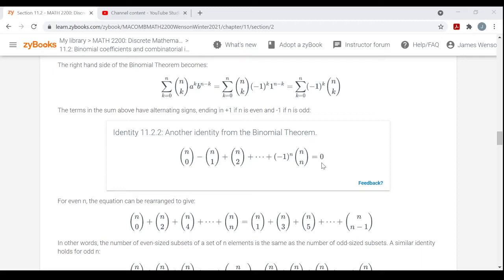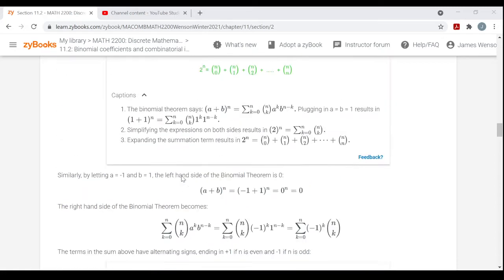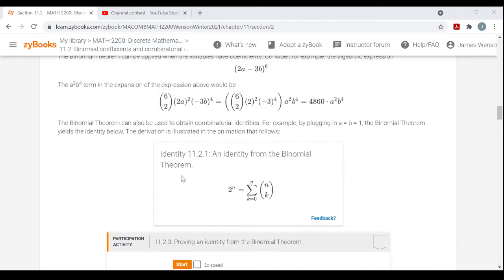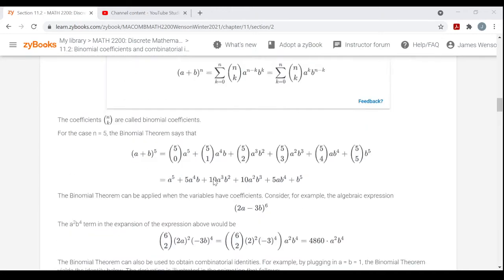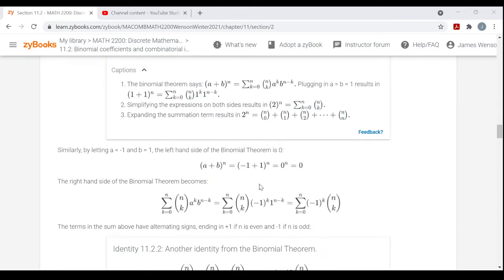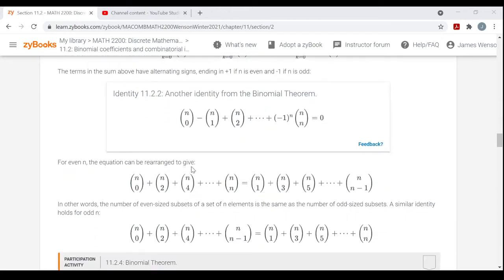Again, a way to see this would be to replace a with 1, replace b with -1, and that formula will come up.